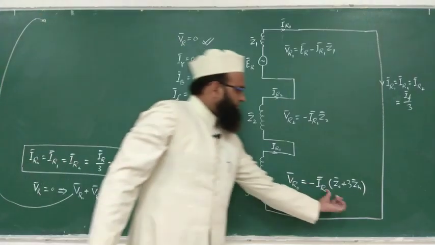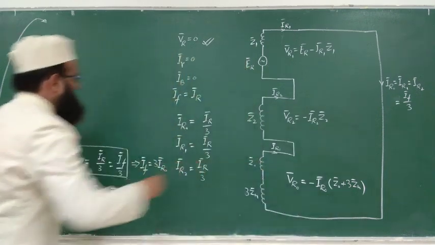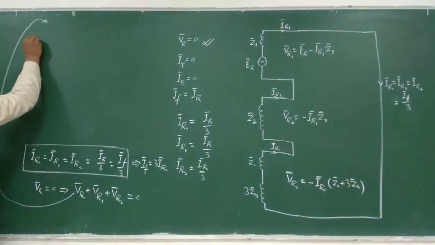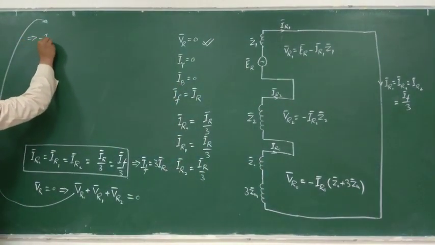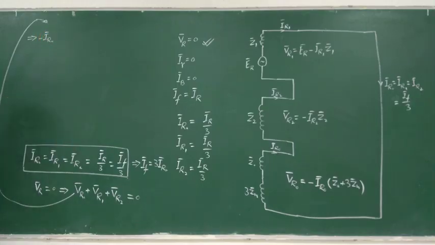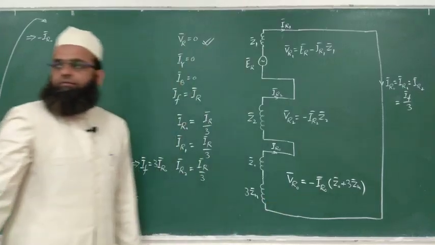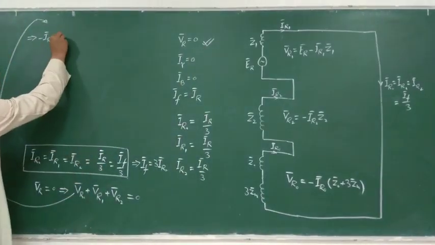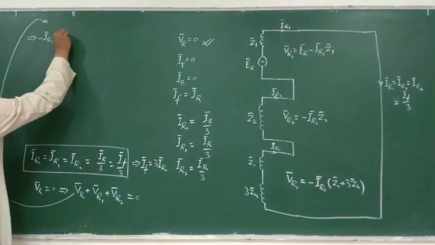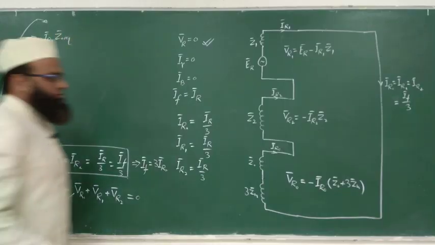VR0 is nothing but this. So write, what is this? This implies minus IR0 times Z0 equivalent, where Z0 equivalent is this.